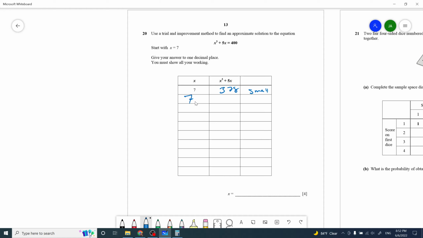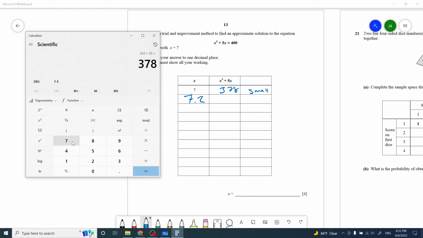So if we try 7.2 and we put it in our calculator because I do not feel like writing this all up by hand, 7.2 times 7.2 times 7.2, that's going to give us 373.248 plus, let's put it in brackets now, 7.2 times 5 in brackets. It's going to give us 409.248.